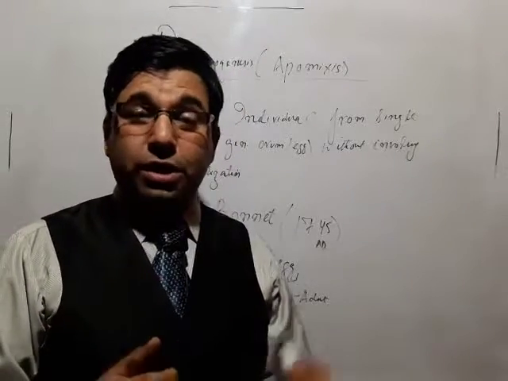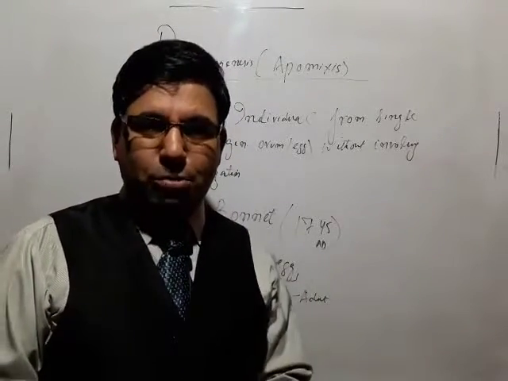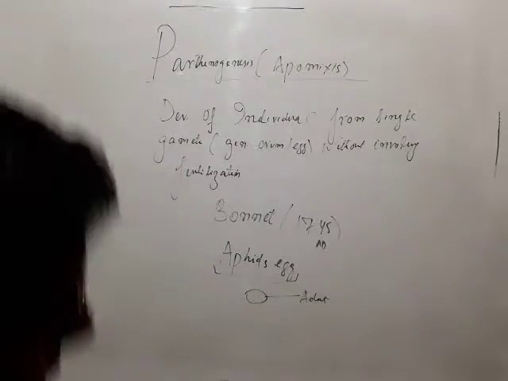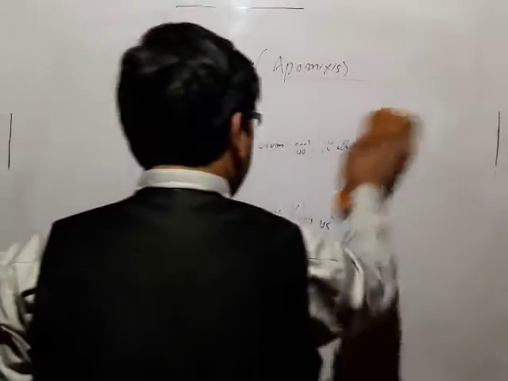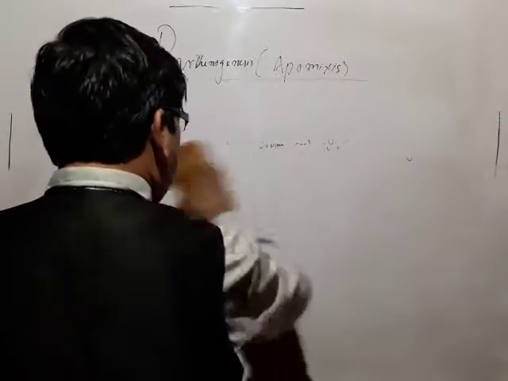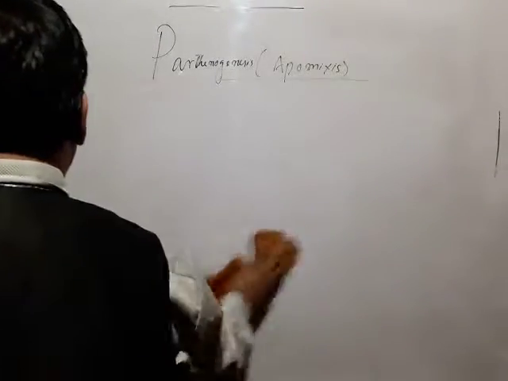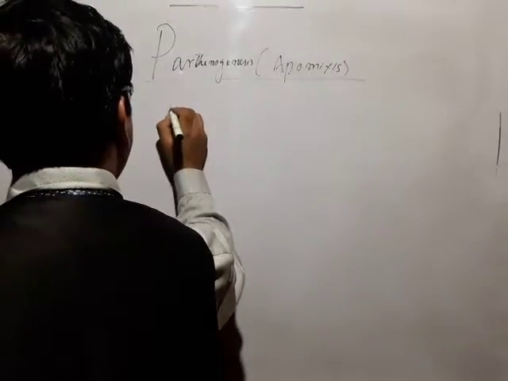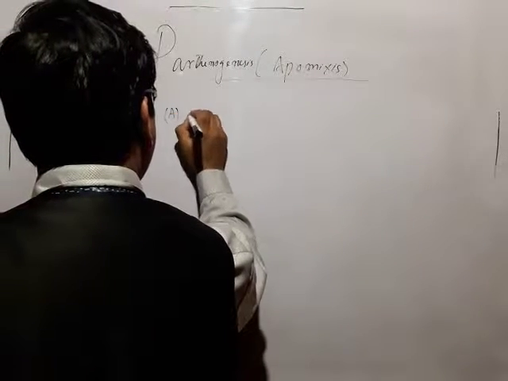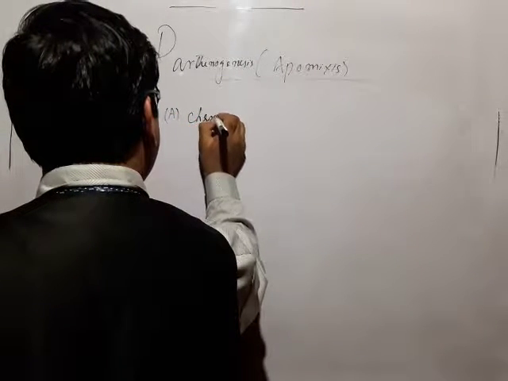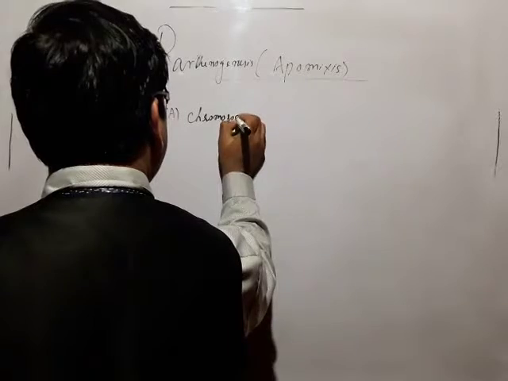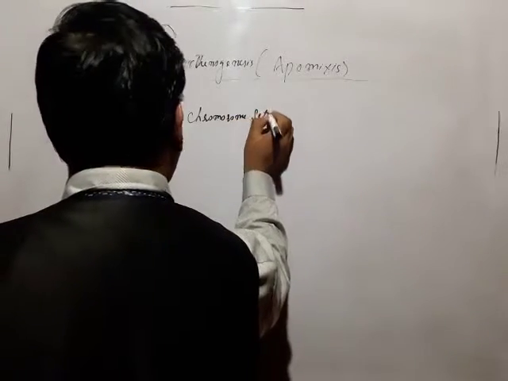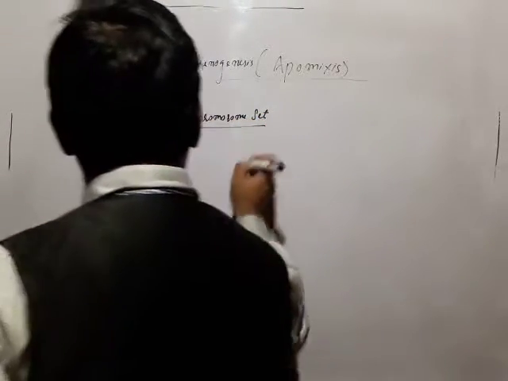Now, as you know, there are many things based on different characters, classes, and parameters. We have types of apomixis. First is on the basis of chromosome set. On the basis of chromosome set, we have two types of apomixis.